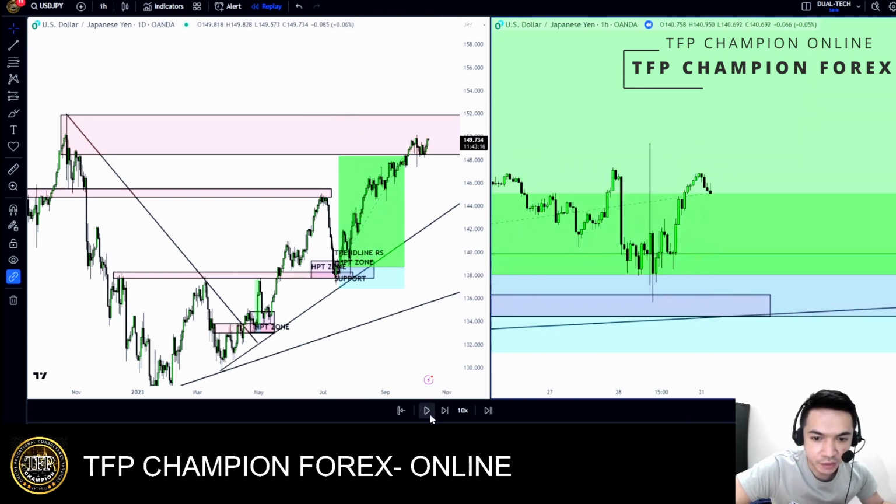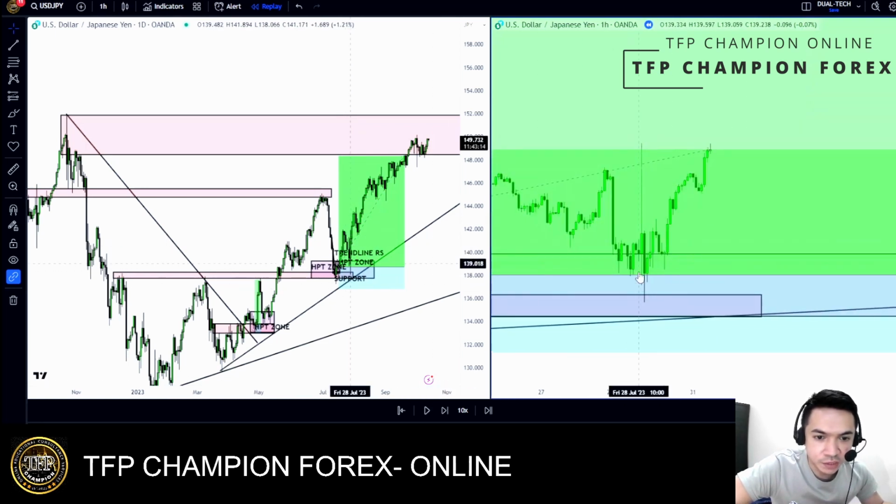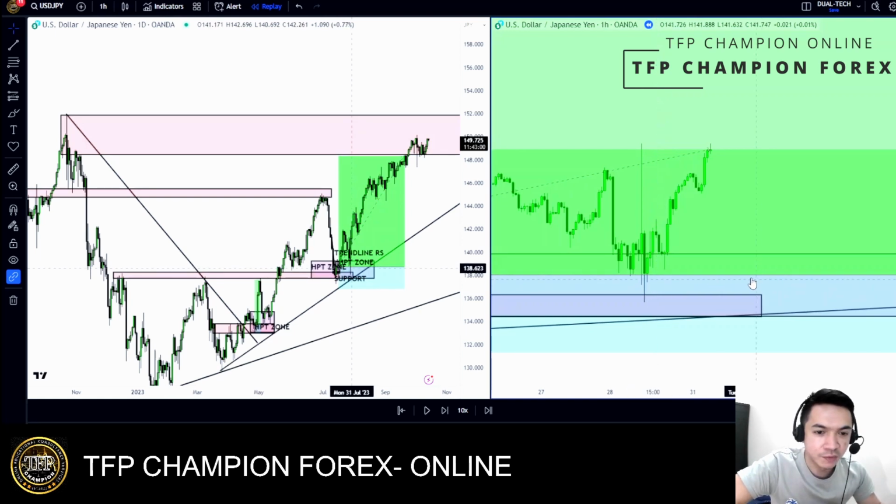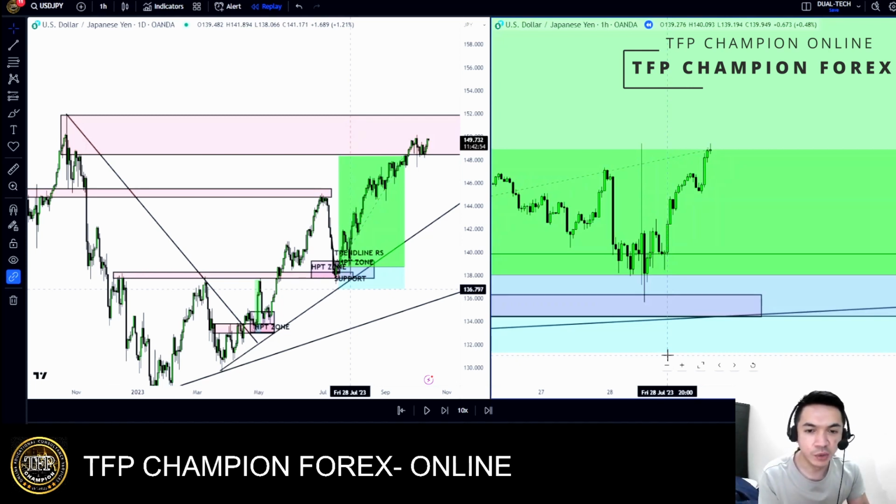Makita nyo it even went dun sa ating break even, or dun sa ating previous entry. So tandaan nyo, we must respect our rules, we must trust our system and decision. Okay, if we have satisfied the rules, then again, let it run. That's why we have stop loss. Okay, as long as hindi na hit pa yung stop loss, do not exit the trade. And this is a way for you to mag-improve, ma-practice din yung inyong discipline, patience, pagdating sa execution.